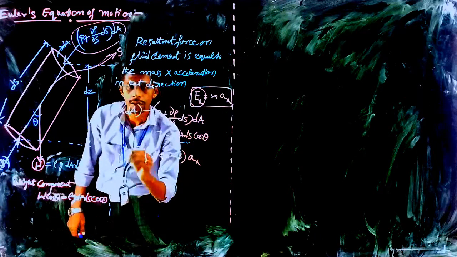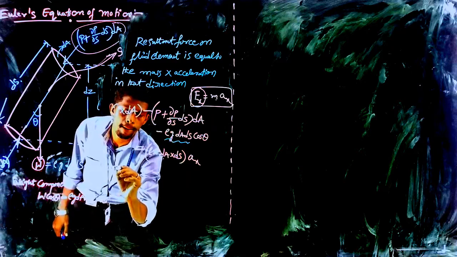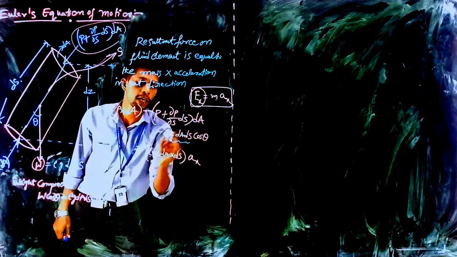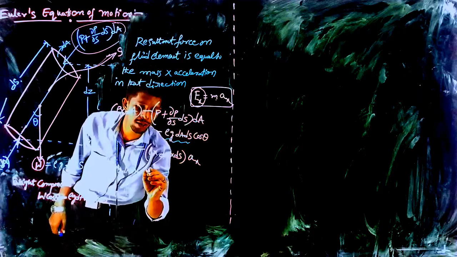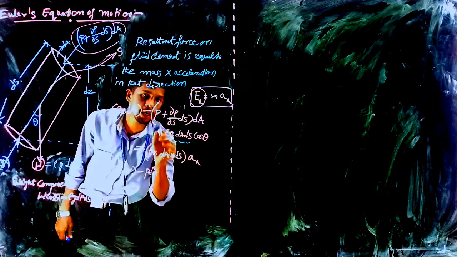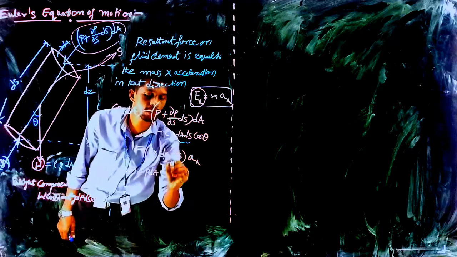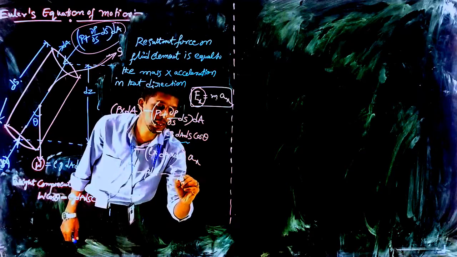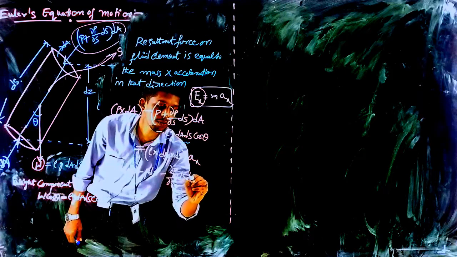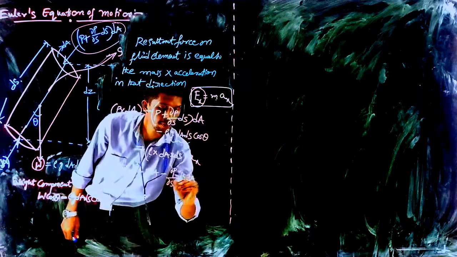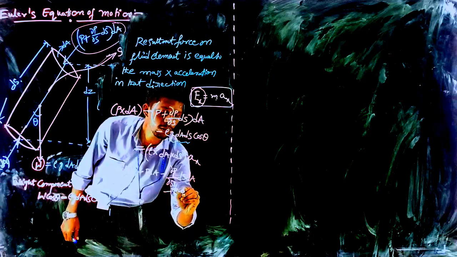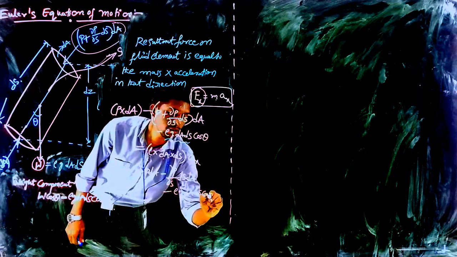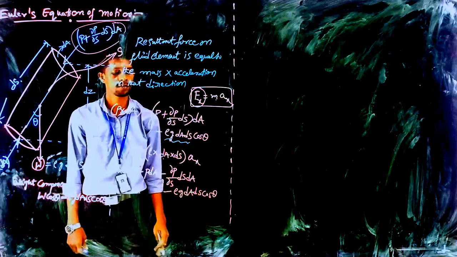So see here, P into dA, again minus P into dA, multiply this and plus minus dou P by dou S into ds into dA, right? Minus rho g dA ds cos theta, right?